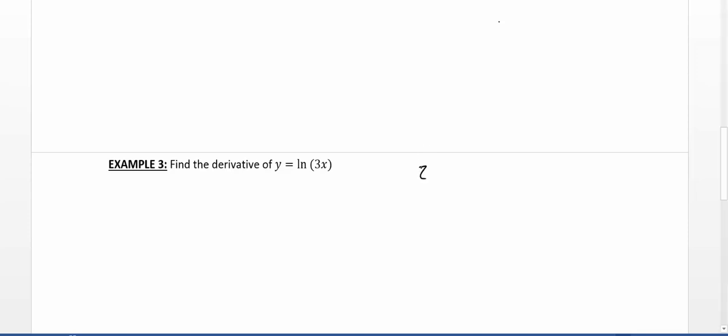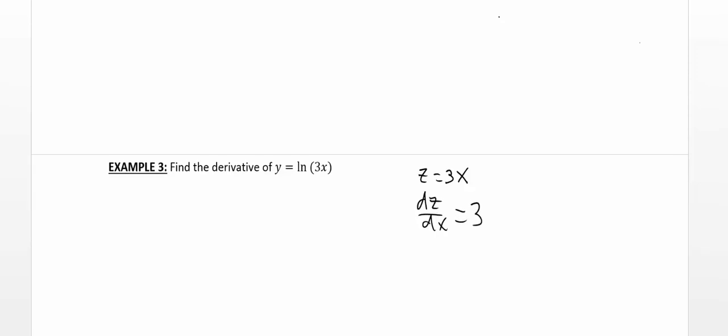So my z is whatever is on the inside, which here is 3x. My dz dx is the derivative of 3x, which is going to be 3. So now, applying our shortcut for the derivative, we're going to do 1 over z, so 1 over 3x, times dz dx, which is 3.